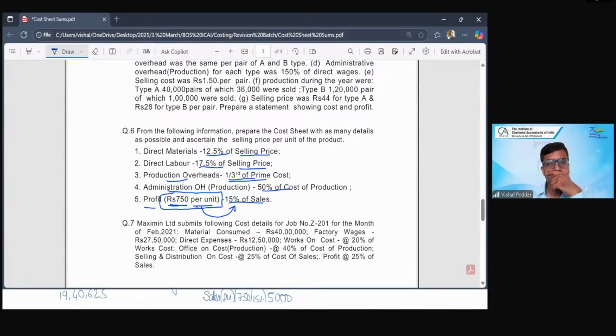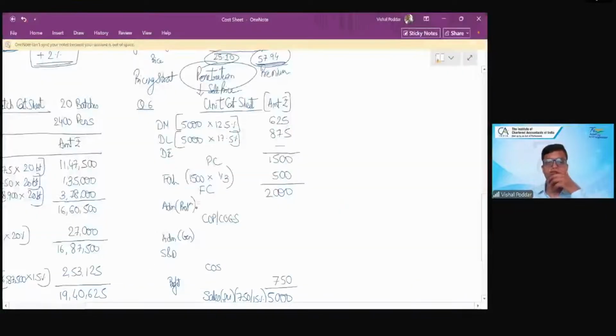Administration overheads, which is related to production, is 50% of cost of production. So general is not there. 50% of cost of production means the next figure, which is not there. So how much it will be?